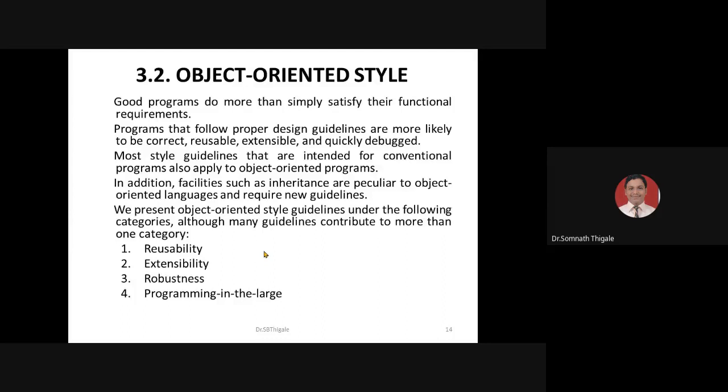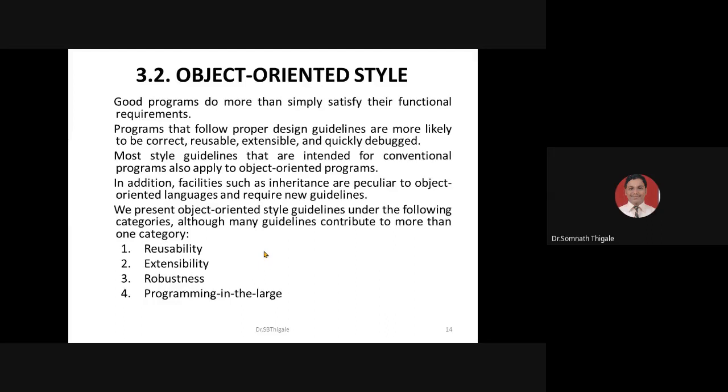So we'll discuss some object-oriented styles as a part of what the developer, programmer or coder has to perform. Good programmers do more than simply satisfy their functional requirements. The programmers that follow proper design guidelines are more likely to be correct, reusable, extensible, and quickly debugged.